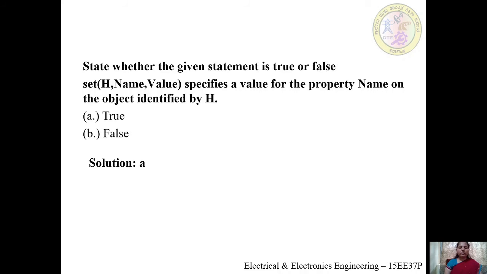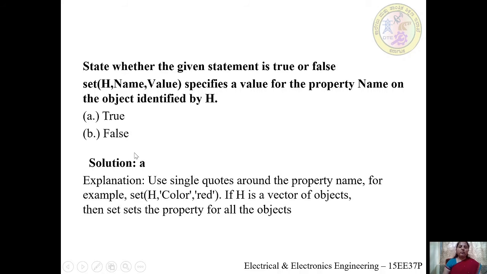See here, this is also true. You can give the property name as color and then mention it as red, or you can give it as line width and then mention the value as 2, 3, 4, like that. So this is the correct syntax. So the answer should be A.